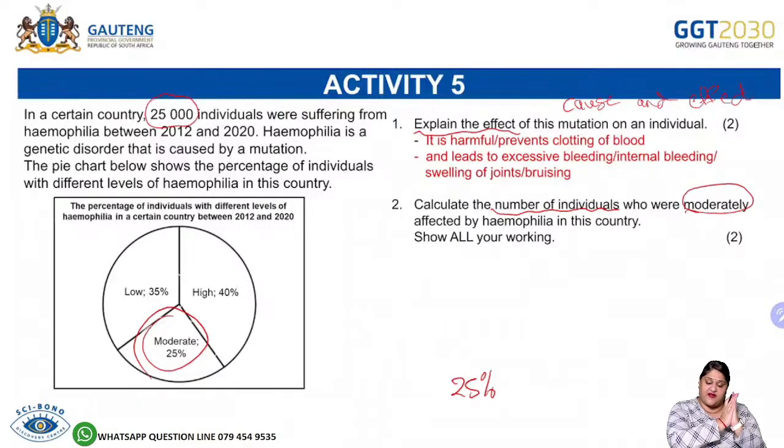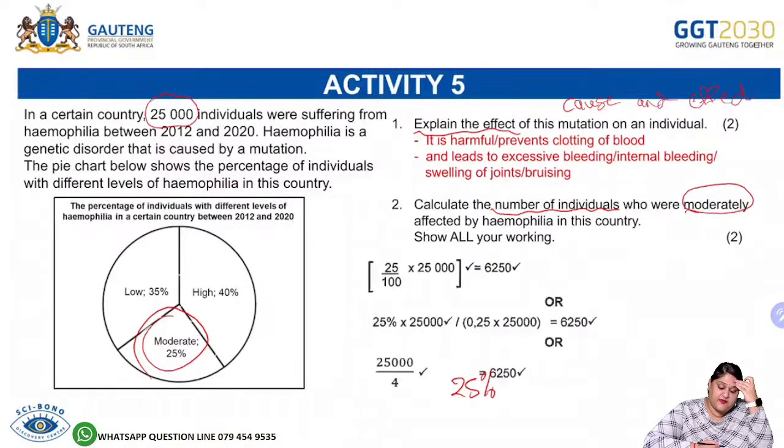How much is 25% of that 25,000? So how do we work that out? We say 25 over 100, which is now simplifying our percentage, times 25,000. And we are going to get 6,250. Or you could have done it in a different way.